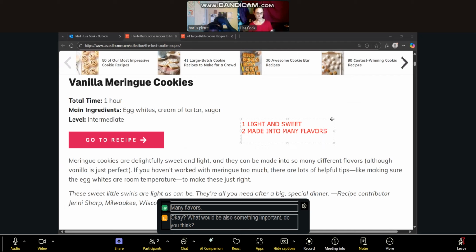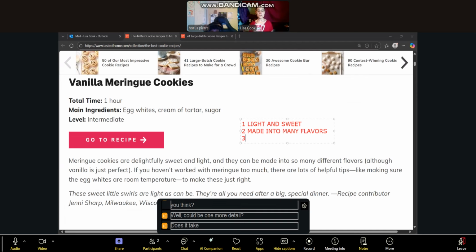What could be one more detail? Does it take lots of ingredients or common ingredients?